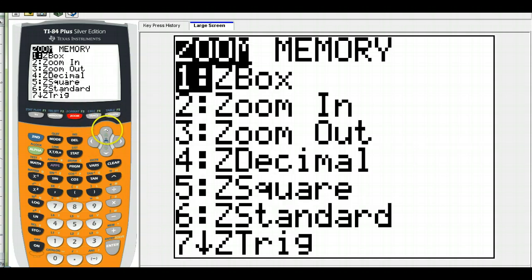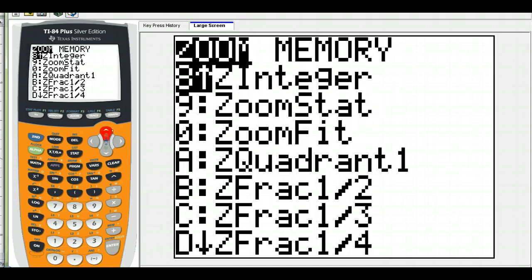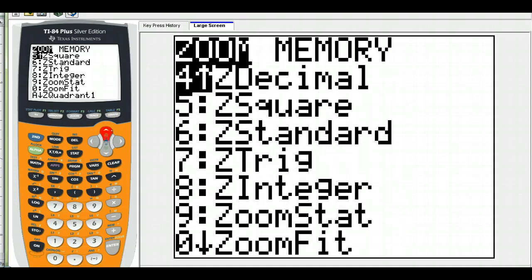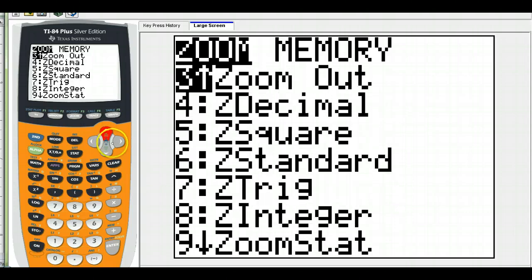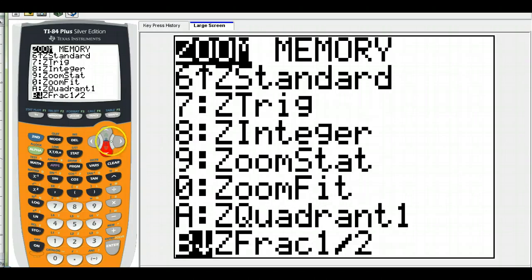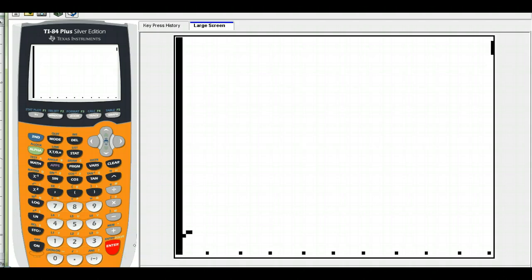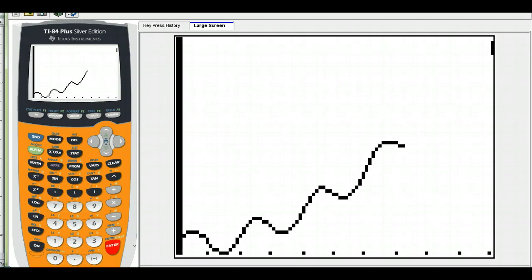Actually, how about we do a zoom? I've never done this kind of zoom. A zoom fit. Where's zoom fit? Is it 9? No, that's zoom stat. It's 0 right here, zoom fit. But I don't think the function is ever negative.